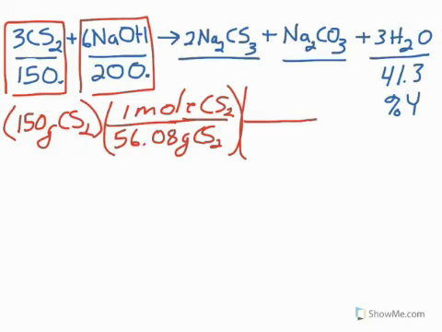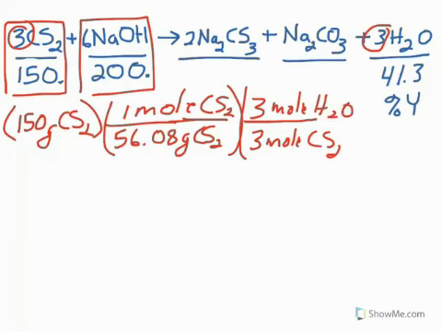And then I look, and there's three carbon disulfide per 3 waters. So it's 3 moles of CS2 per 3 moles of water. And I'm running out of room, so I go to the next line, times the molar mass of water, which is 18.02.